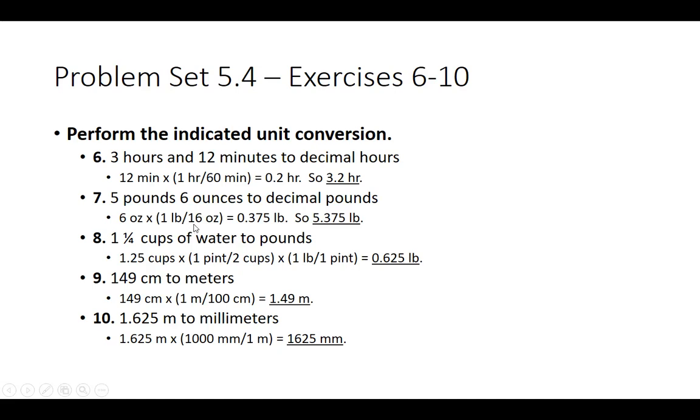That's going to be 1 pound over 16 ounces. So multiplying and dividing, 6 times 1 divided by 16 gives us 0.375 pounds. Bringing the 5 pounds we already had into it, we get 5.375 pounds.